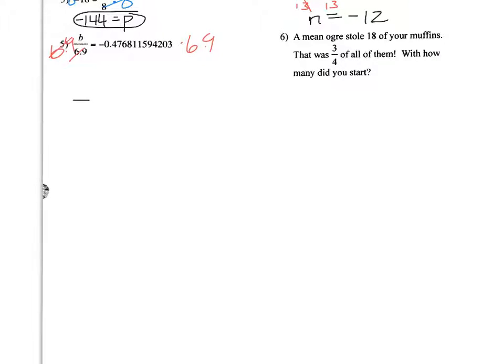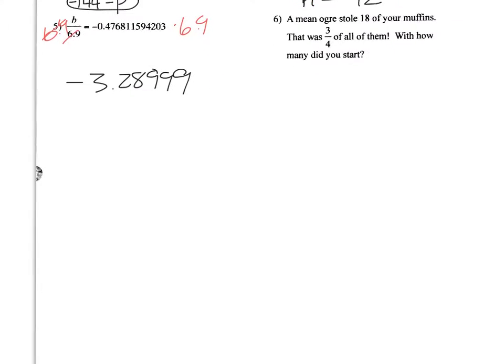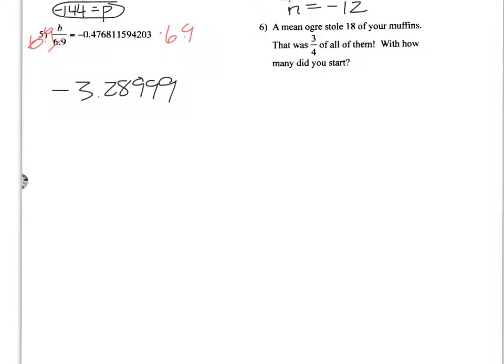So actually what we end up getting is -3.2899. Now, it keeps going, but in this particular instance, it just says solve each. We're going to round to 3 decimal places, our nearest tenths, hundredths, thousandths. So that's going to round up, and this actually rounds to -3.290.